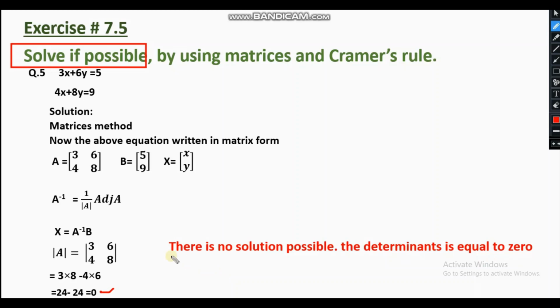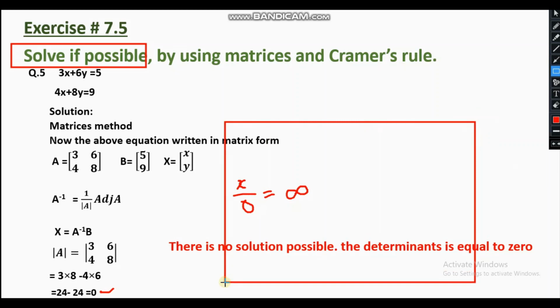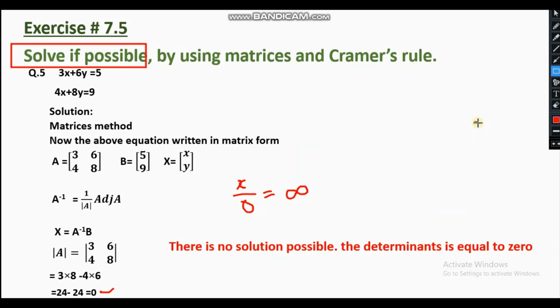In this equation the determinant is 0, so we cannot find a further solution, because if you divide something, for example x divided by 0, it is not possible, it represents infinity, so we cannot find the value of any numbers. So further solution is not possible because the determinant is 0.